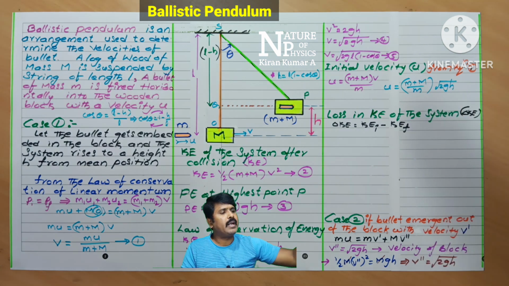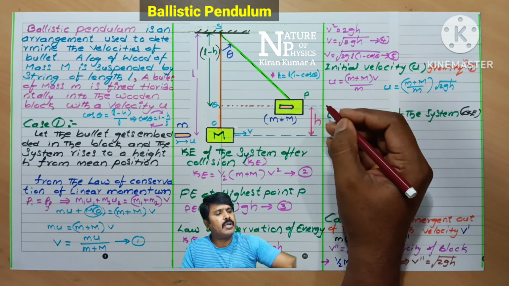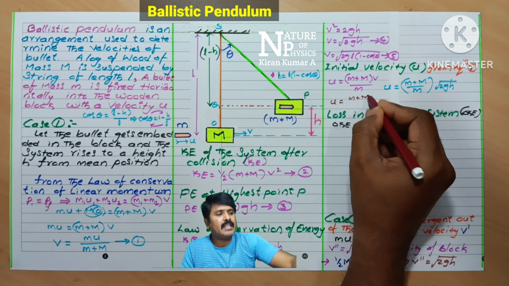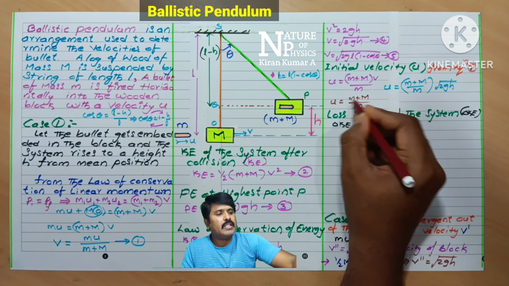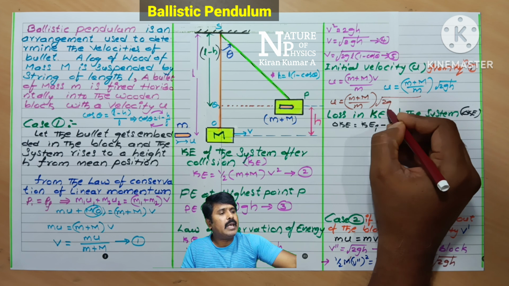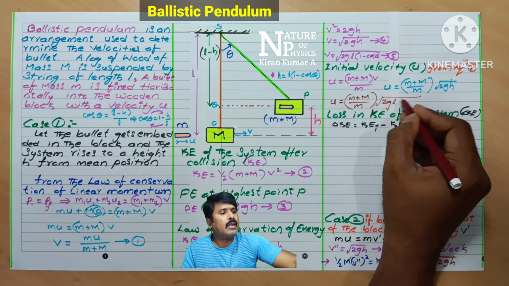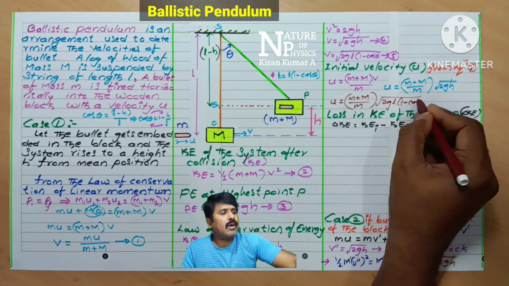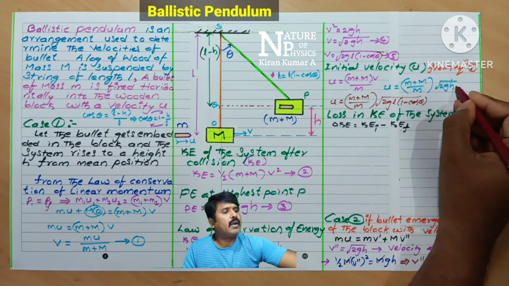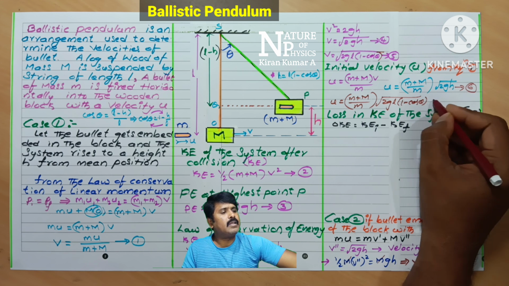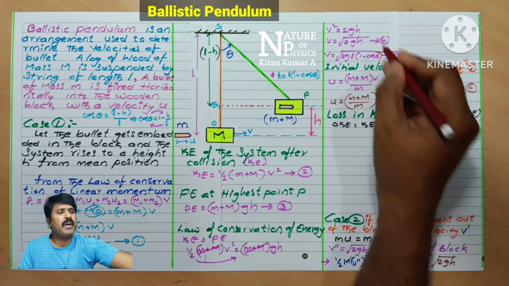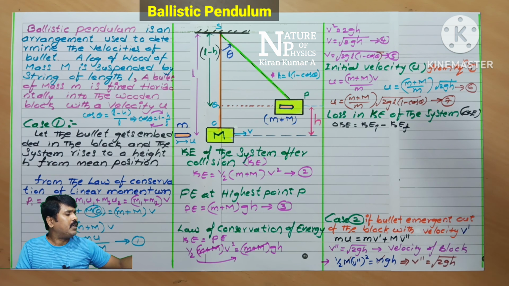And the next equation: the initial velocity u is equal to (m plus M) divided by small m into root over 2g times h, where the h value is L(1 minus cos theta). This is equation number 6, and this is equation number 7. The initial velocities and final velocities are completed.